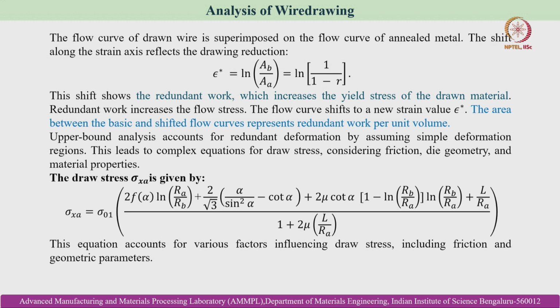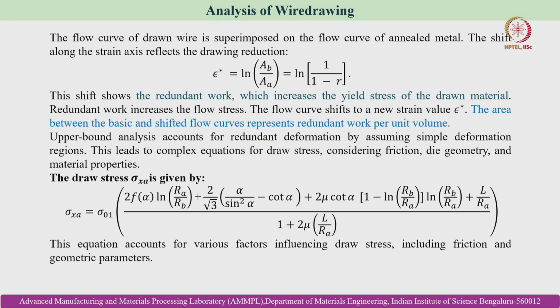Because of the concept of redundant deformation, the applied forging pressure also increases. A similar concept is applicable in case of wire drawing as well, and because of that, redundant work increases the flow stress of the material which is undergoing the wire drawing process.